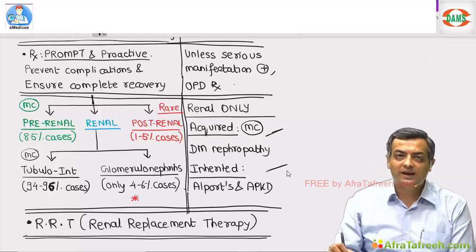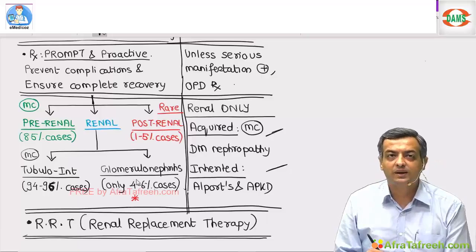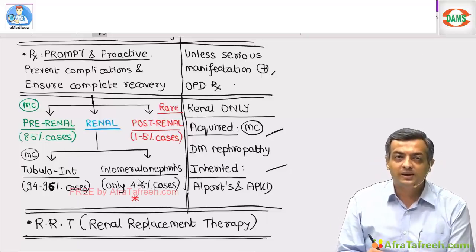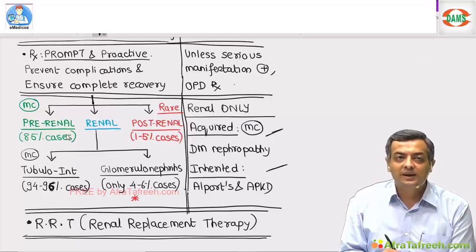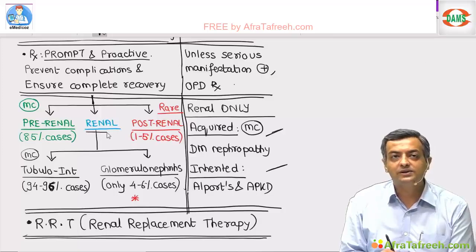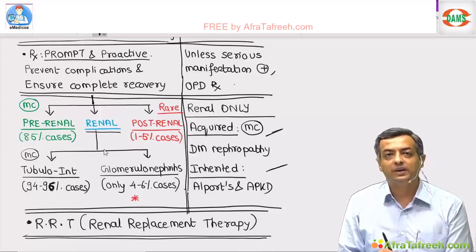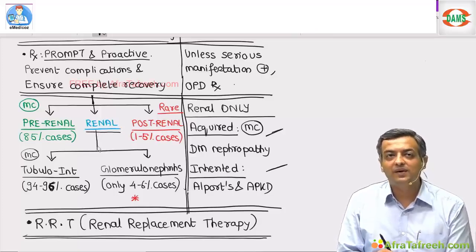But before we go there, let's focus on acute kidney injury. In this session, we are going to discuss the pre-renal and post-renal causes and indications for RRT. In the next lecture, in a separate video, I have covered the topic of renal AKI.